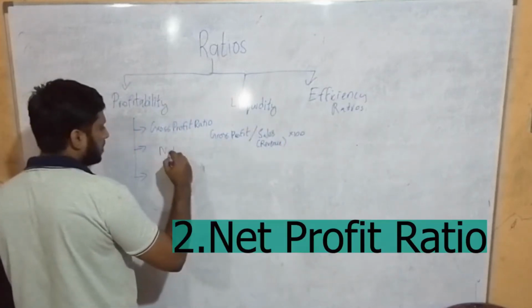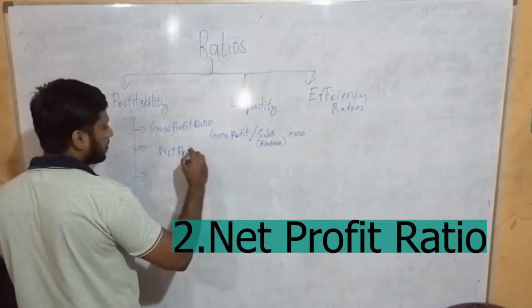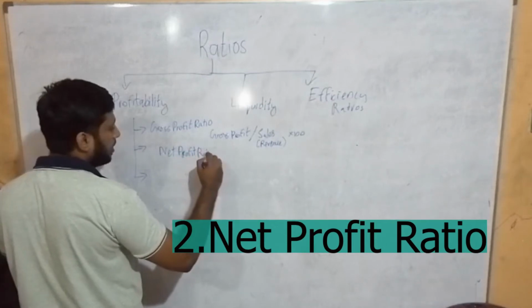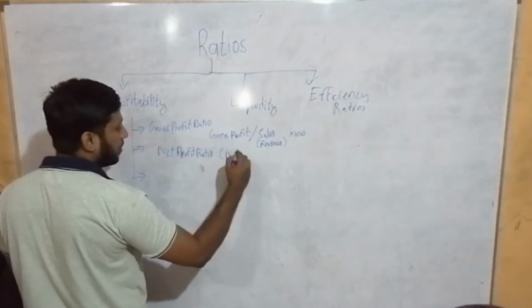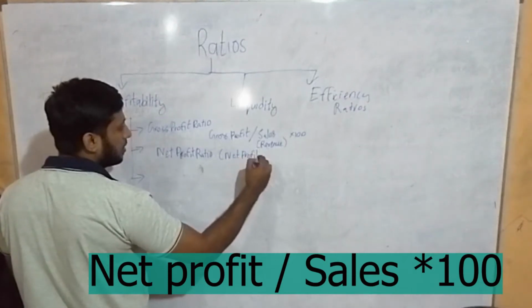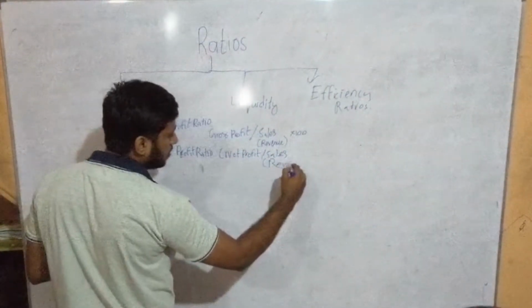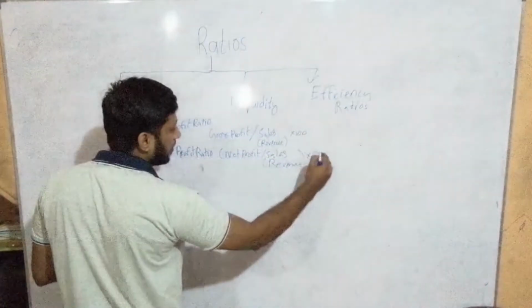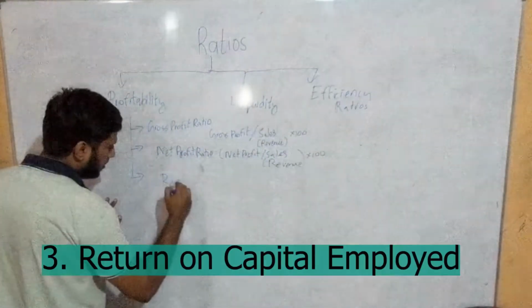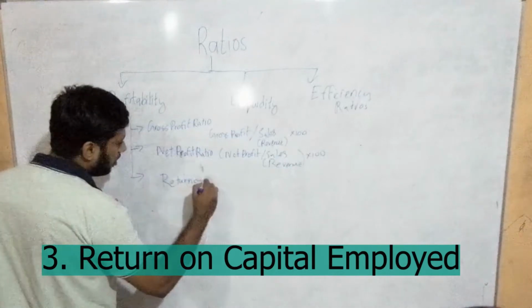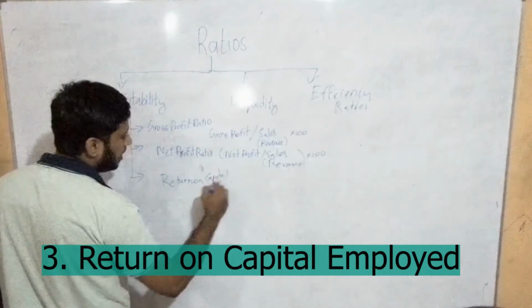Net profit ratio is the second ratio I'm going to speak about. There's also another formula, net profit divided by sales, or revenue, into 100. And the third one is return on capital employed.